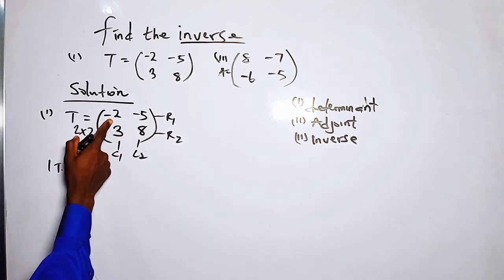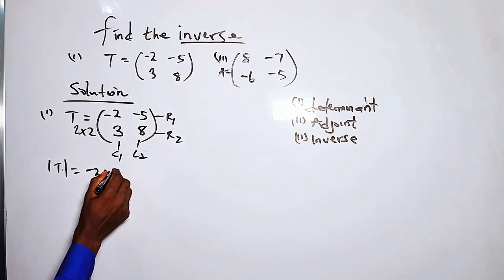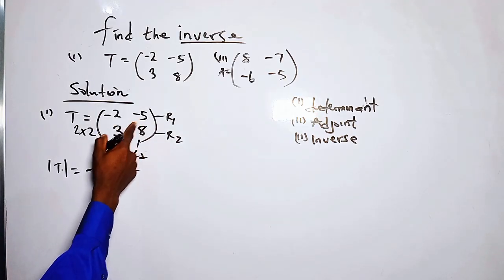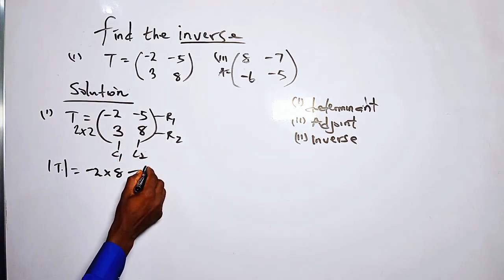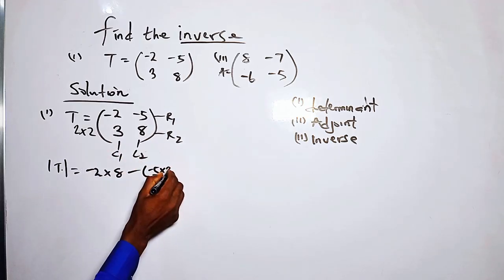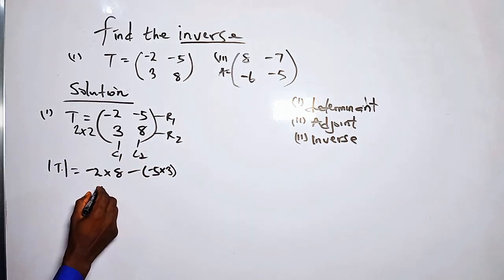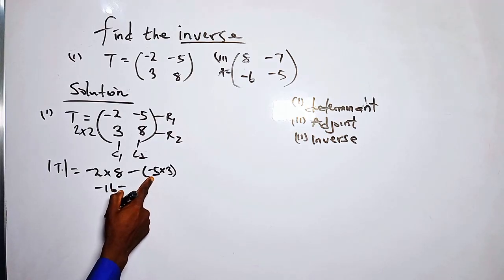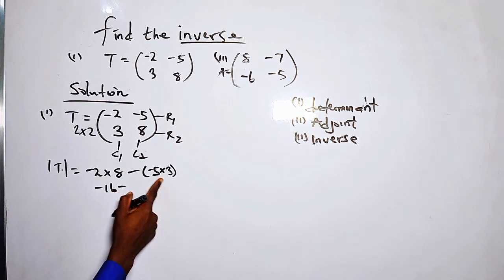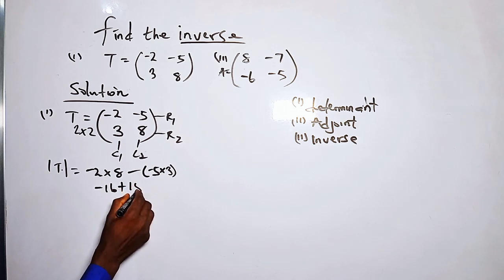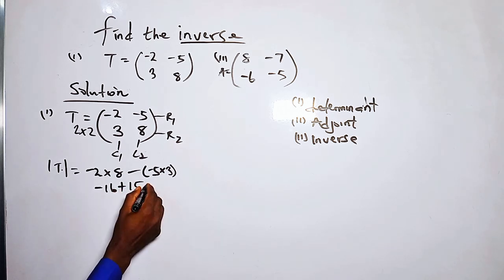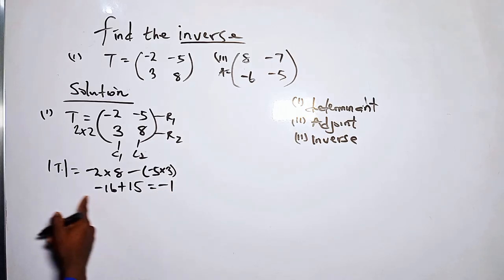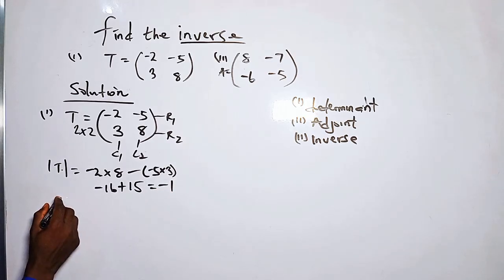So we have -2 times 8, minus, -5 times 3. -2 times 8 is -16, minus, and -5 times 3 is -15, so minus times this gives +15. So that means we have -16 plus 15, that is -1, which represents our determinant.